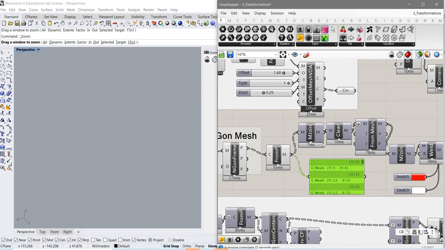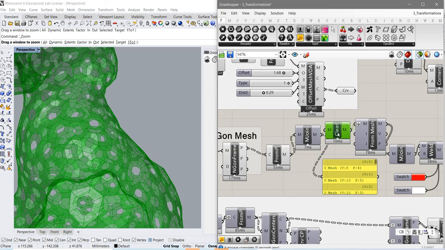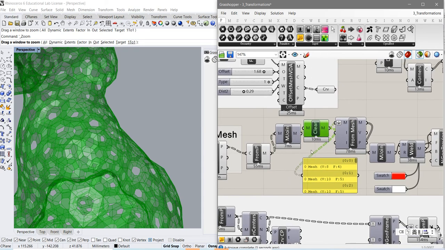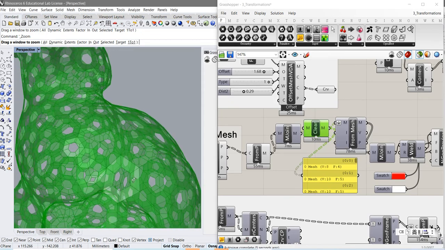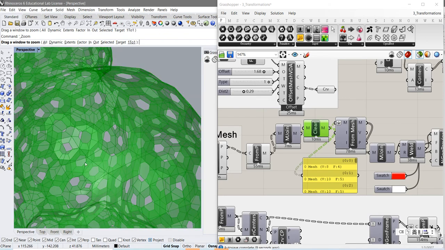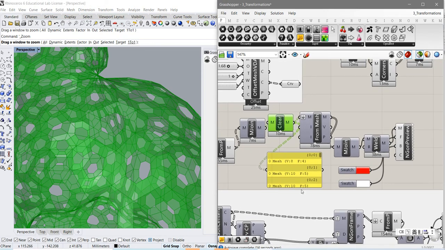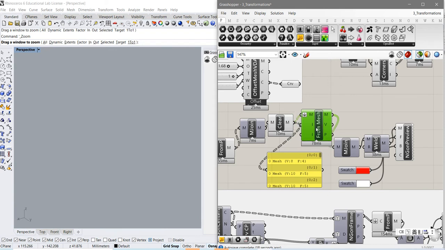So I don't get why they want to join it, because it does nothing. Anyway, clear means to clear the NGon definition, so it brings it back to the quadrangle surfaces. These are all quadrangles. And then create the NGon mesh back.